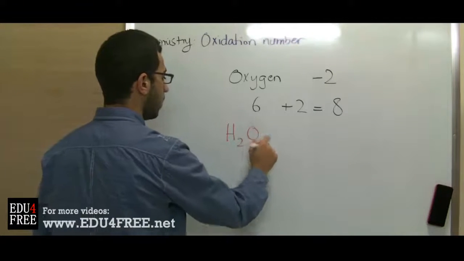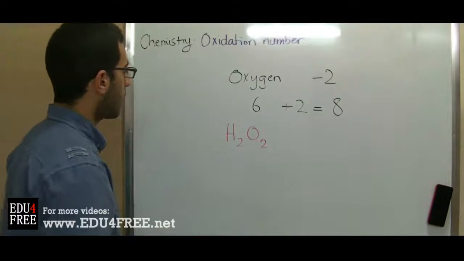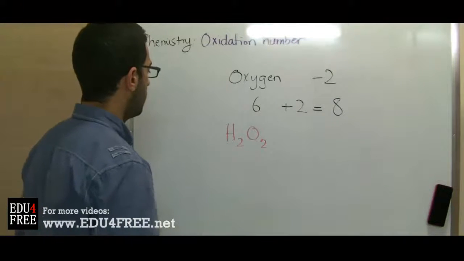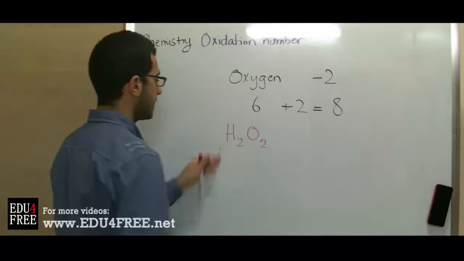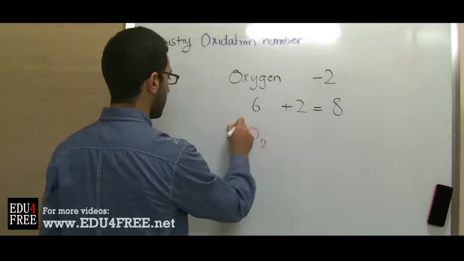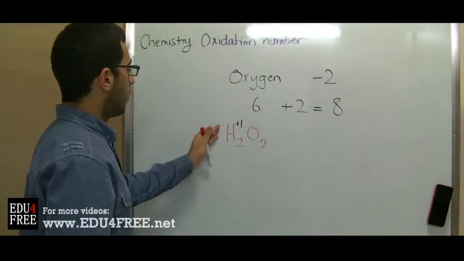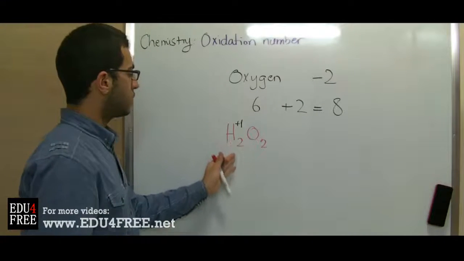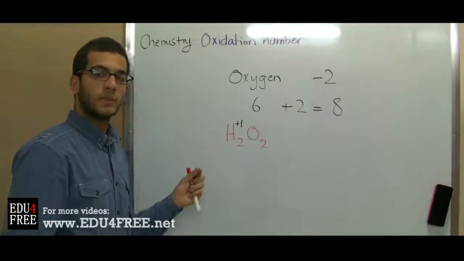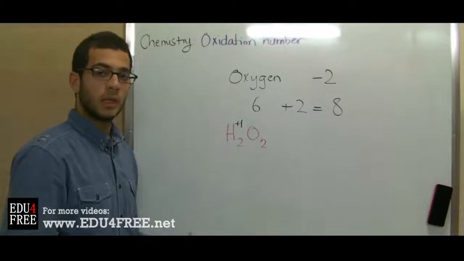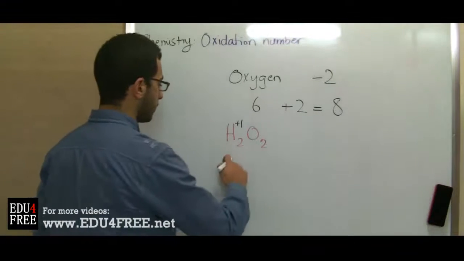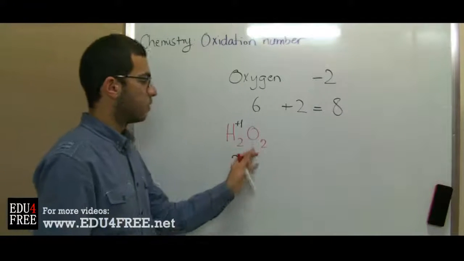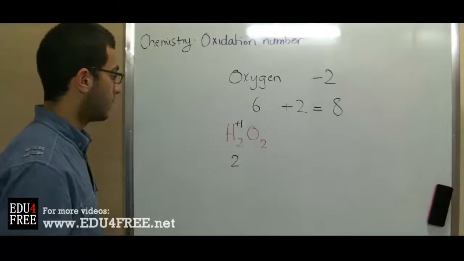H2O2. So here the oxidation number of hydrogen is positive 1. We can conclude from this: we have two hydrogen atoms, each one shares 1 electron, so we get a total of 2 electrons. But at the same time, we have 2 oxygen atoms, not 1.